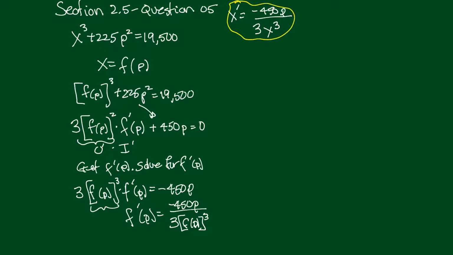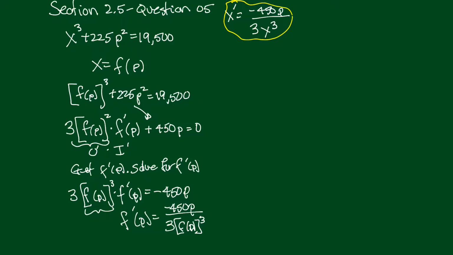There's our derivative. And now the problem tells us that currently the price is $3, and the demand is 25,950. So we're going to have a demand of 25,950 at $3, but keep in mind this is in thousands.